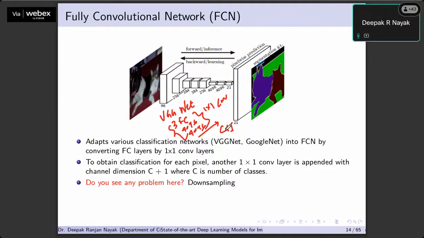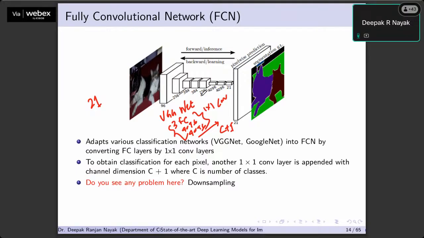It will have C plus 1, where C denotes the number of classes, and 1 is for the background class. The dataset on which this FCN was developed contains 20 classes plus 1 background class, 21 classes in total.